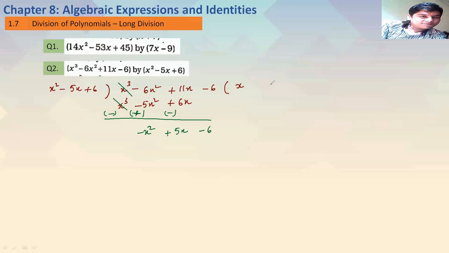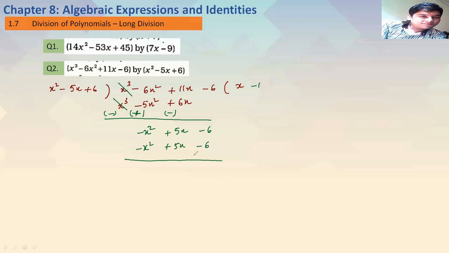And what did you take as the second term in the quotient? Minus 1. Wonderful. So you're going to get minus x squared plus 5x minus 6. You are absolutely correct.